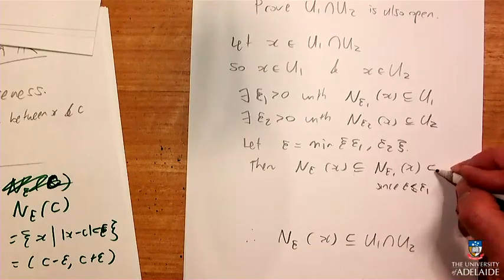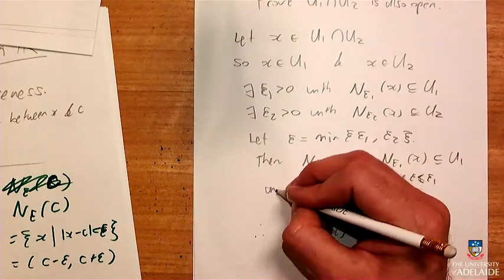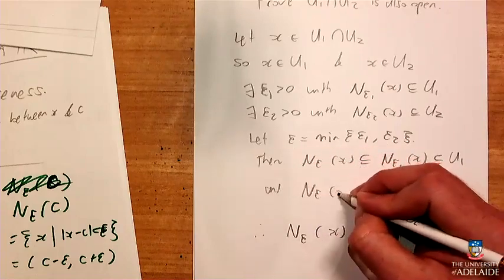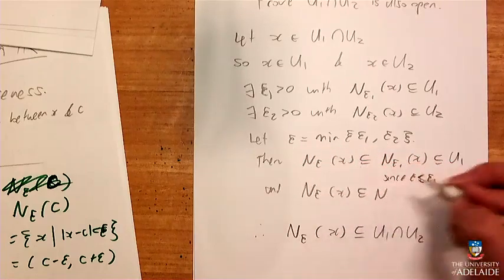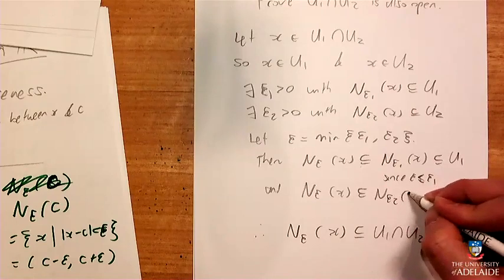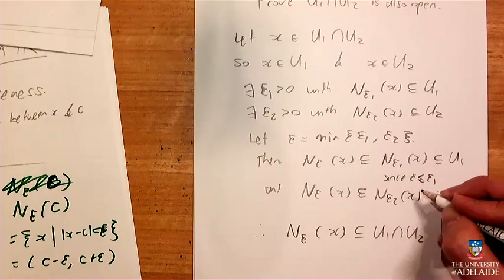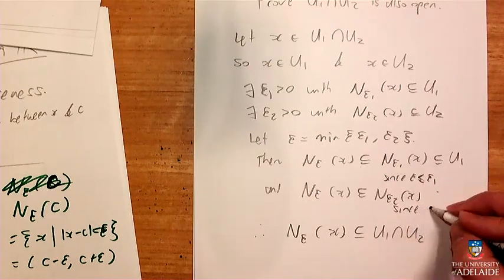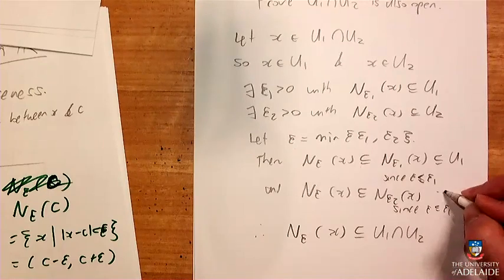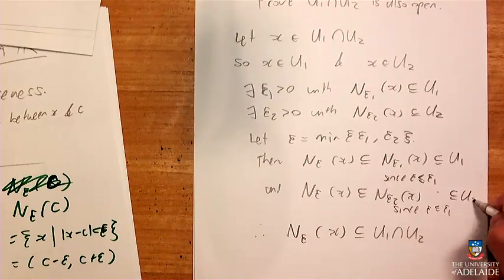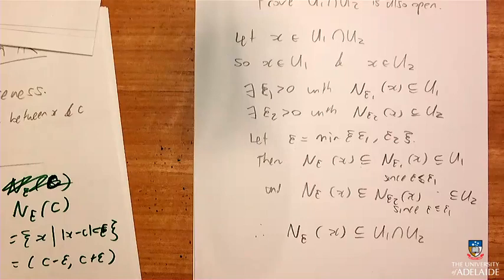And that's contained in U1, and the epsilon neighbourhood of x is contained in the epsilon 2 neighbourhood of x, since epsilon is less than or equal to epsilon 2, which is contained in U2. That's bad maths writing, I'm sorry. I should probably put "since" here.